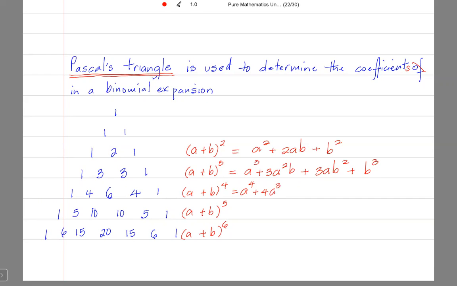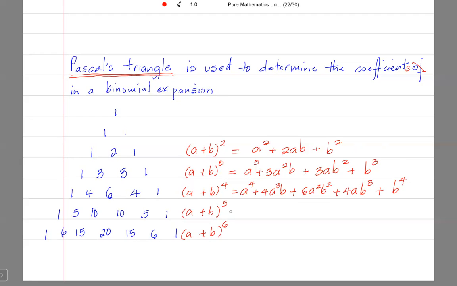The power of a starts to decrease and the power of b increases. Plus 6 a squared b squared. Plus 4 again, 4 a b cubed, and then the last one, the coefficient is 1, b to the 4th power.